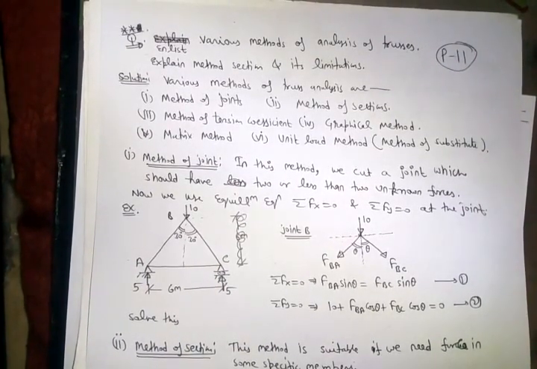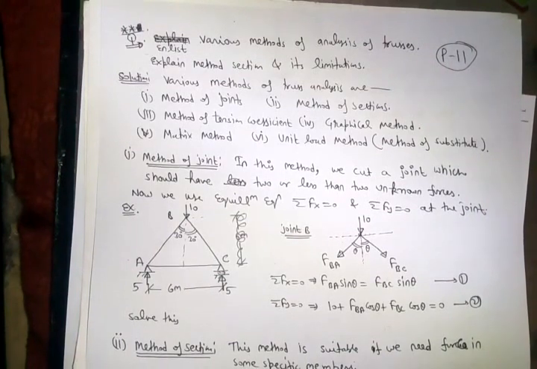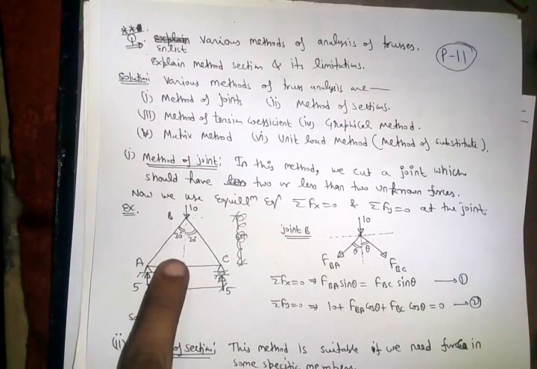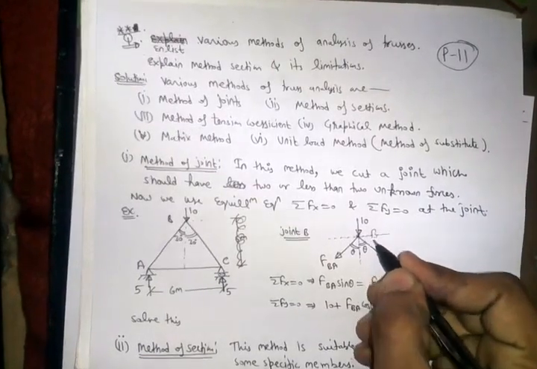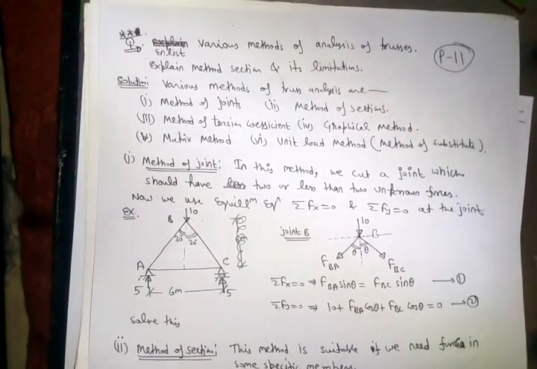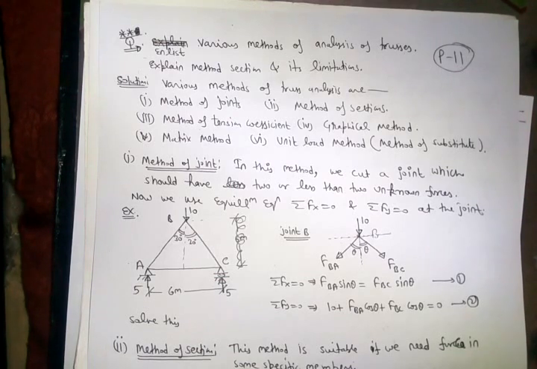In this method we cut a joint and write the equilibrium of the joint. For example, I have cut here joint B, and as soon as we make any cut in the structure and separate a small part of the structure, we have to show all the forces in the cut members, right?